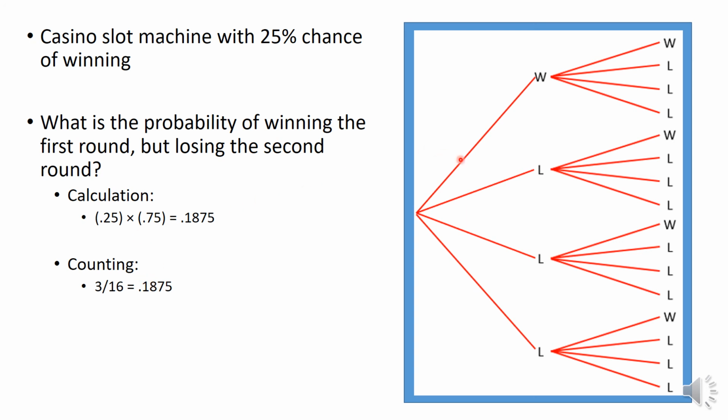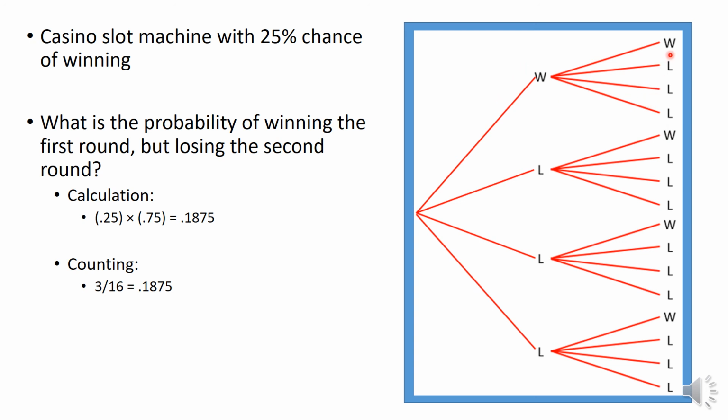Now some of you guys might be confused because you're saying these aren't really different sequences. Like here we have winning first and then losing second. But here we also have winning first, losing second. And here we also have winning first, losing second again. So 3 different sequences that are all the same. I get it.